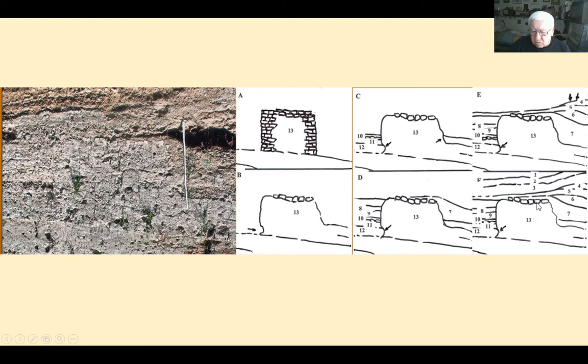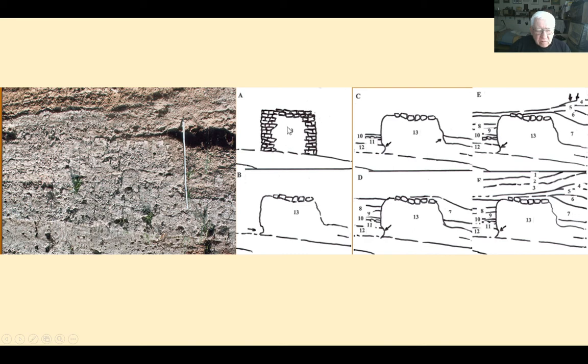There is a relic of the wall and surrounding sediments. It's difficult to determine on this photo, but generally some walls, some architectonic objects, are difficult to determine. But there is an example of the reconstruction of the history of this wall.